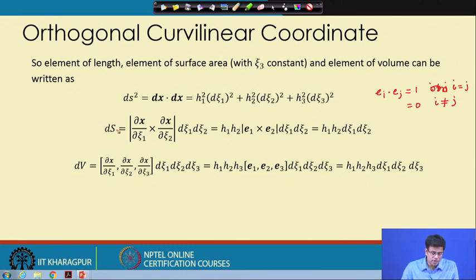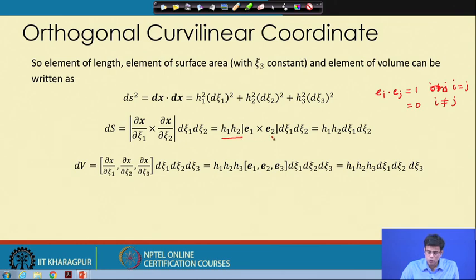Similarly, the surface of a body we can define as the magnitude of the cross product between the basis vectors along xi1 and xi2, which is del x by del xi1 cross del x by del xi2. If you write this in an orthogonal coordinate system, h1 and h2 come out, and the vectors are e1 cross e2.